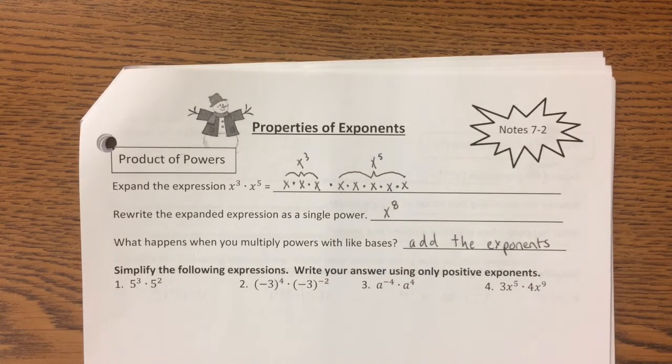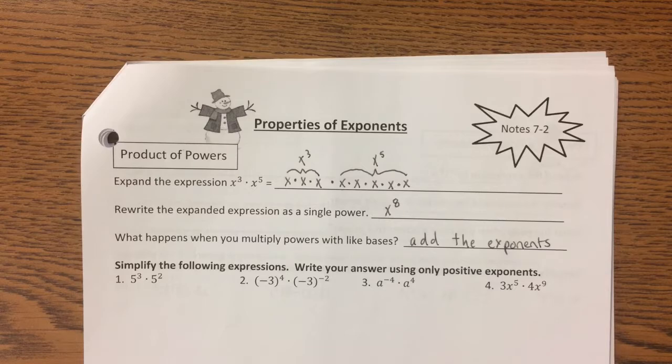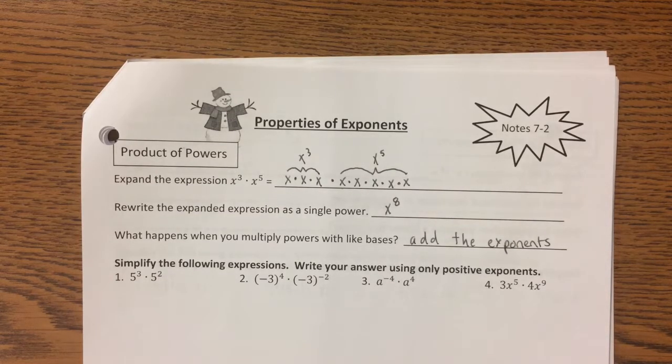So we can use that property to simplify a bunch of these different expressions. Once you recognize that an exponent is just repeated multiplication, we can start to simplify something like 5 cubed times 5 squared, right?